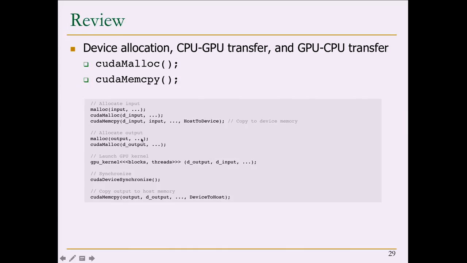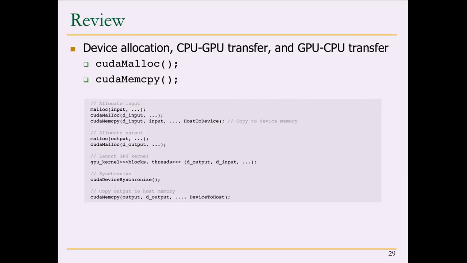It's a duplicated allocation because we have to do it on the CPU memory and also on the GPU memory. Then we launch our kernel, and you know that this kernel launch is asynchronous, so if we want to make sure that the kernel launch has finished, we use cudaDeviceSynchronize, and afterwards, we can transfer the results back from the GPU to the CPU.